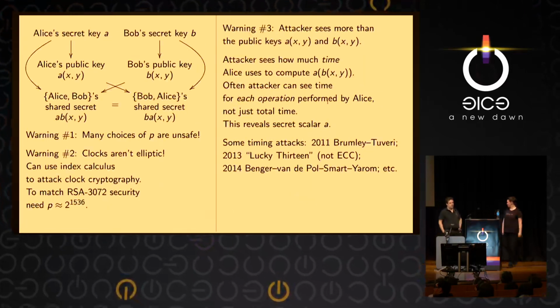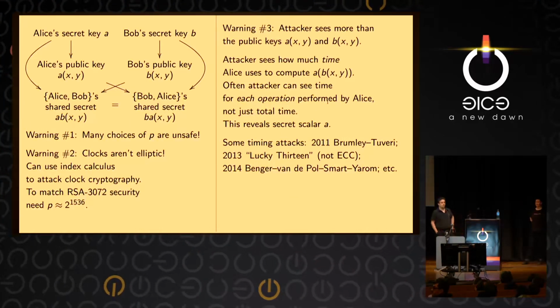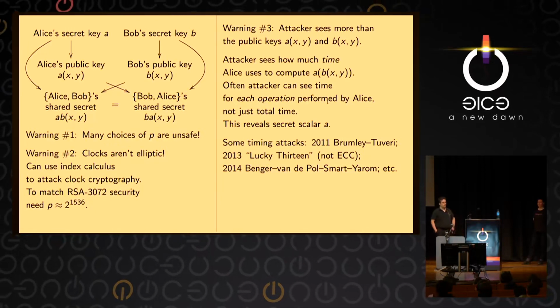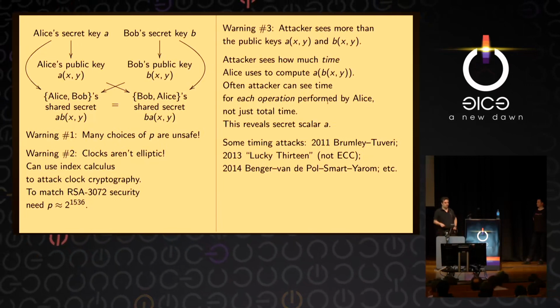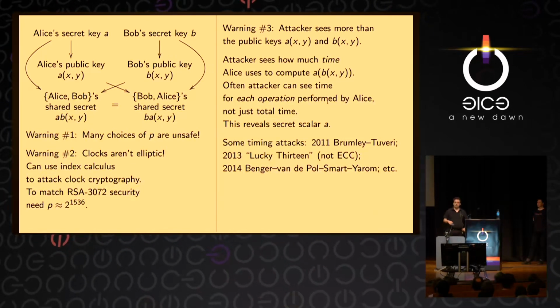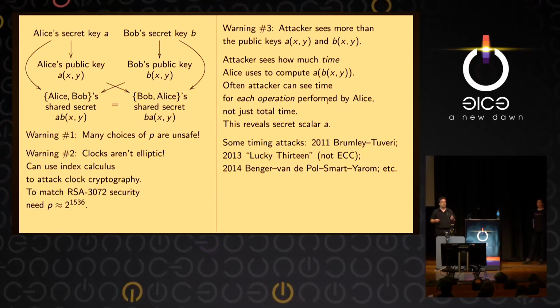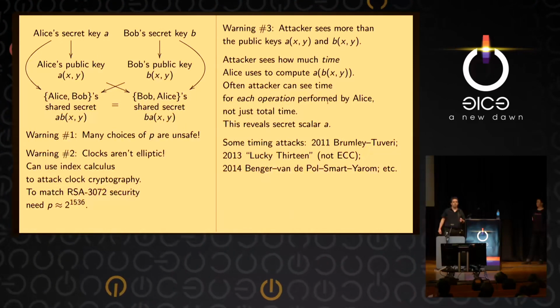Okay, third warning is timing attacks. A lot of you were at the talk earlier about Bleichenbacher attacks against SSL, where a lot of the information coming out of a server under attack, or a client under attack, is from timing. The attacker doesn't just look at the eavesdropping of A times XY and B times XY, the public keys. The attacker sees how long it took you to do computations.